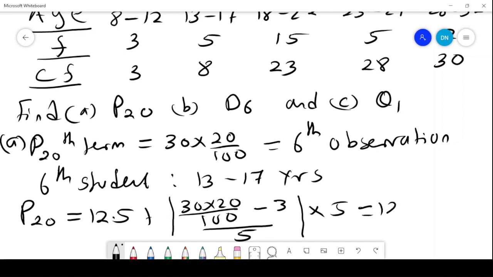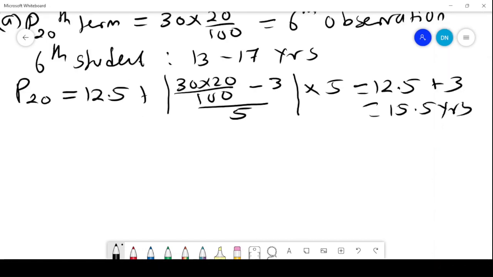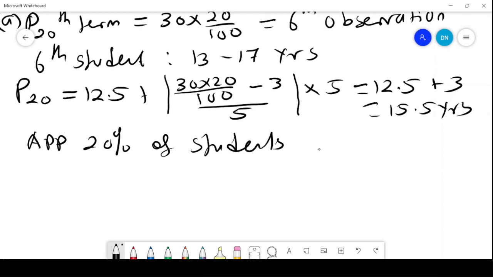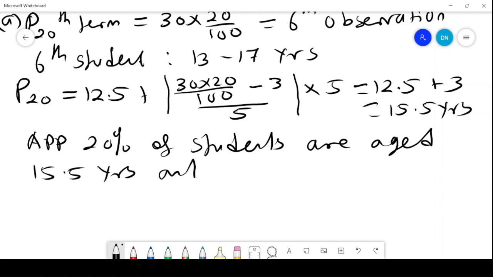This is 6 minus 3, which is 3, plus 12.5, which is 15.5 years. We can say that approximately 20% of the students are aged 15.5 years and below, meaning 80% of the students are aged 15.5 years and above.